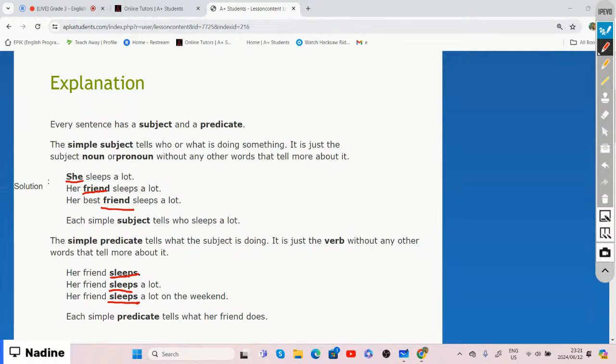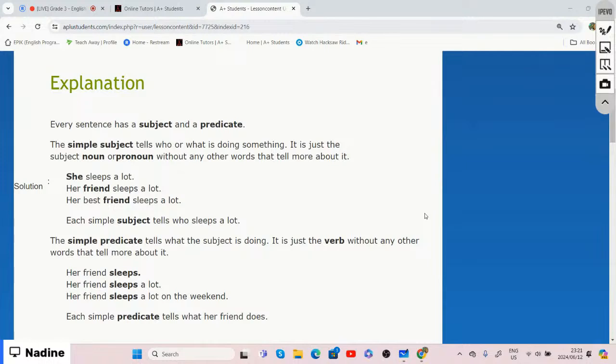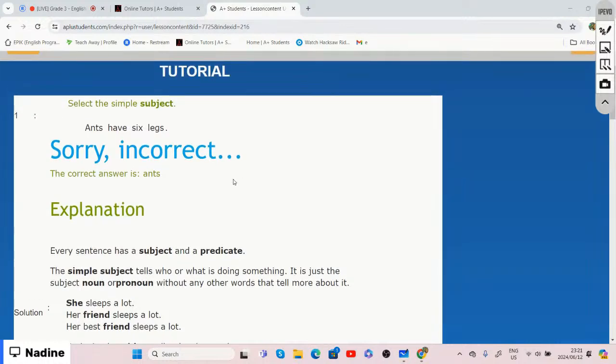All right, so now we're going to do an activity where we are either going to identify simple subjects or we are going to identify the simple predicate. It says we need to select the simple subject within the sentence. It says ants have 6 legs. Ants have 6 legs. So we need to identify the subject within the sentence.